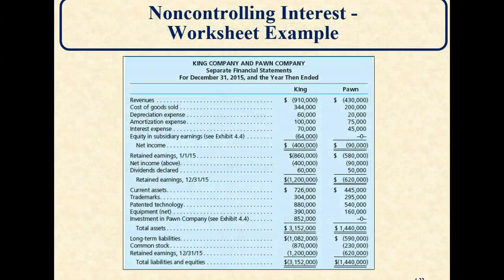So what we'll do here is look at the revenues of King, and the income statement and balance sheet of Pawn. We see that their net income here is $90,000. Okay, we see that they declared dividends here of $50,000. So that shows us an excess into retained earnings of $40,000, right?